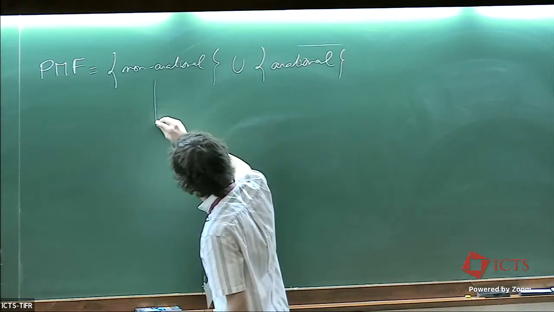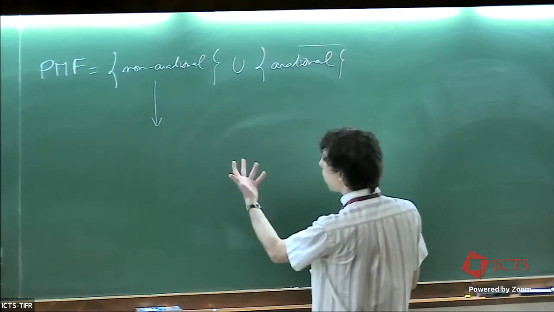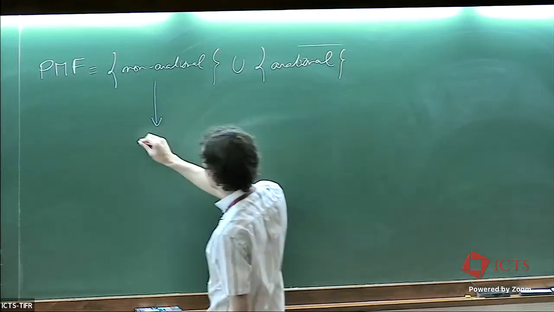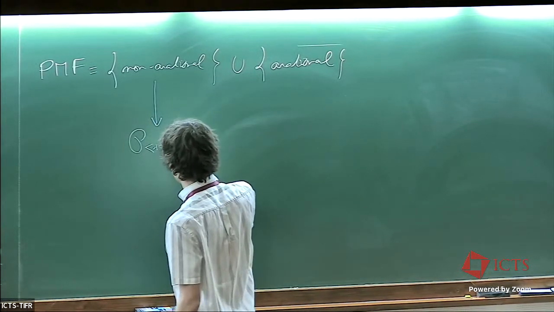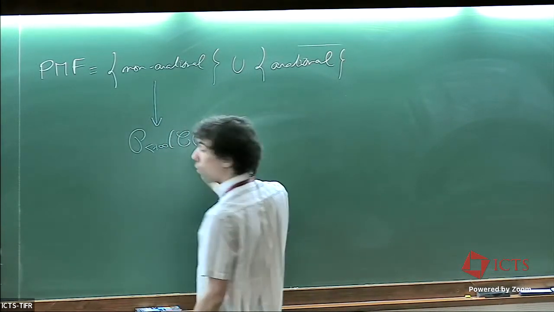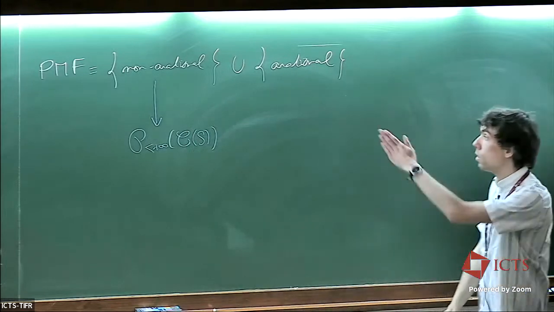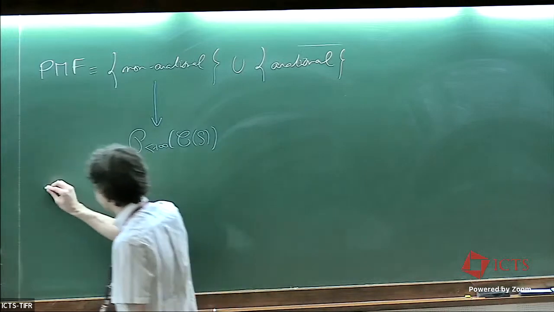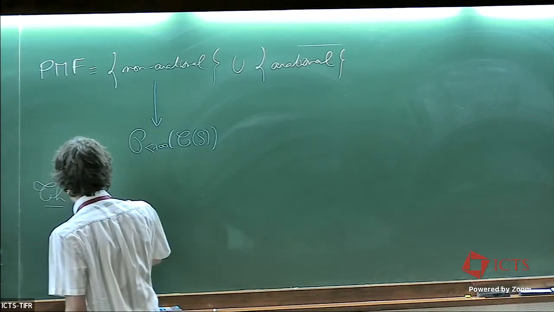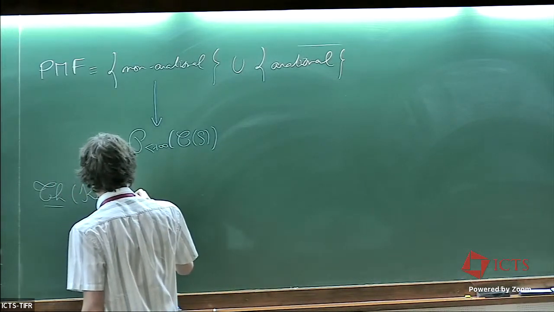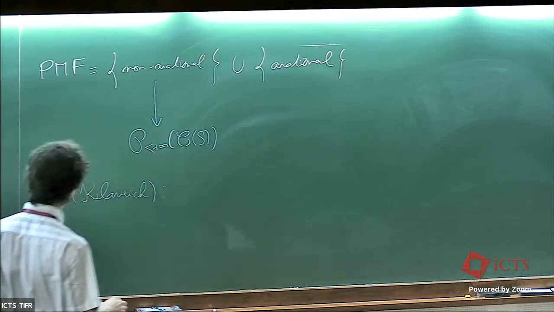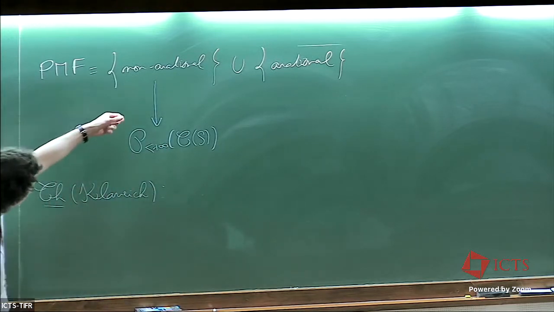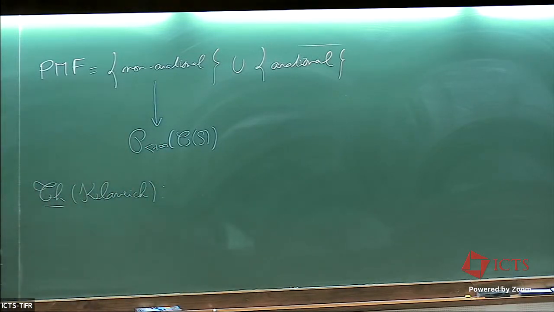And so you have a way of canonically associating to every non-irrational foliation the finite set of curves on the surface, by looking at the closed leaves in the foliation. And the important theorem of Klarreich is that, so you see, if you have a closed leaf, you see some curve.